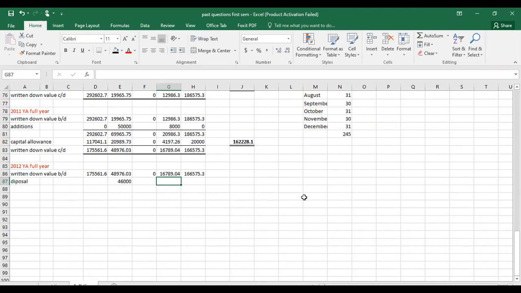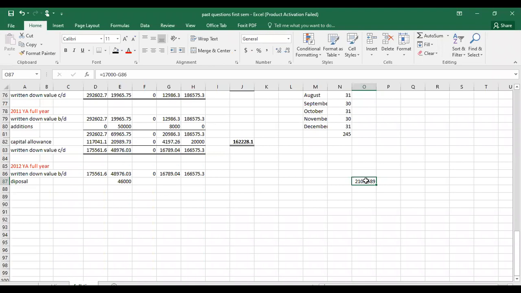So what it means is that if you have your 17,000 here minus your 16,789, it means from this sale of office equipment, you have made a profit of 210, and this 210 will be added to your business income if you are supposed to calculate the chargeable income.